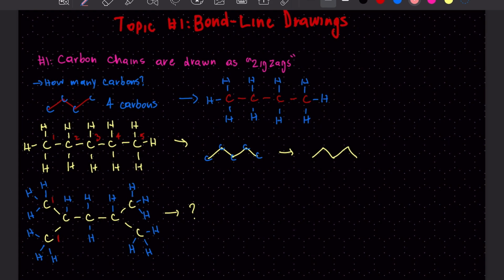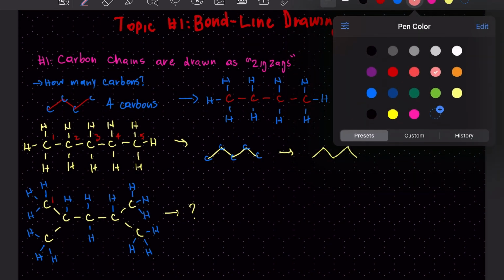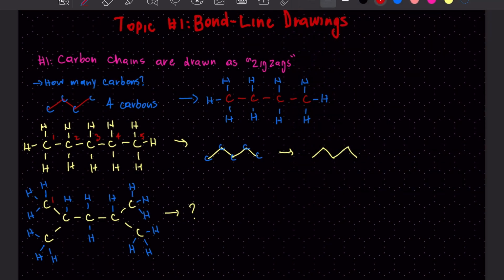For the sake of this problem, let's say carbon number 1 is the one on the top. Carbon number 2 would be right here, carbon number 3 right here, 4, and same thing for number 5, since this could be carbon 5 or this could be carbon 5, and it does not matter which one you pick since they're both equivalent, but we're going to do carbon number 5 at the top.